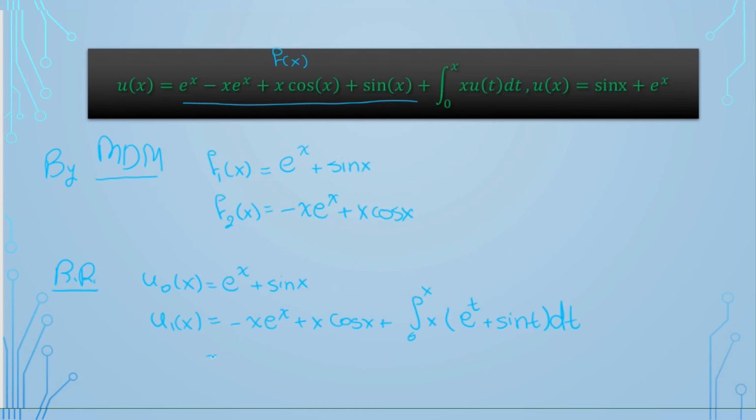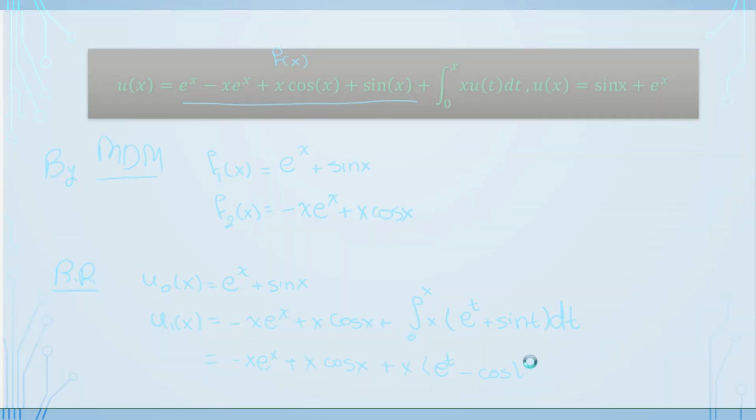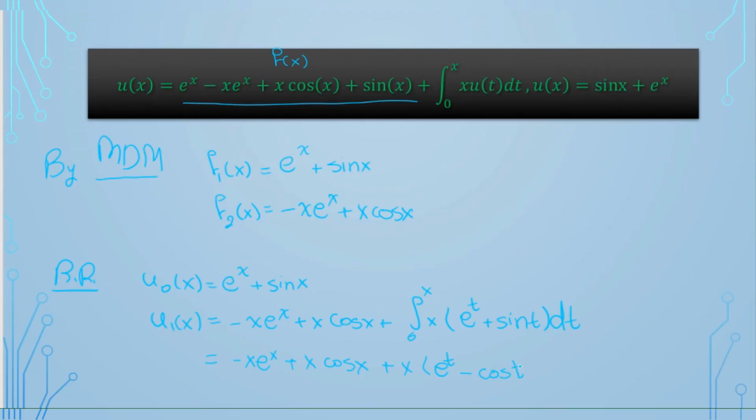And this will give us x, which is constant, the integration of e raised to t is the same function, and the integration of sine t is minus cosine t, and this is from 0 to x.